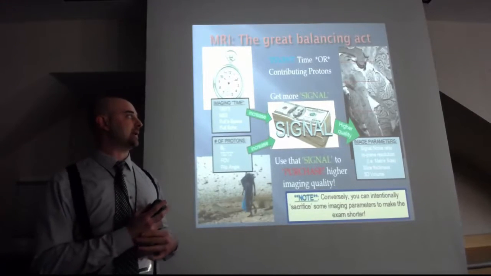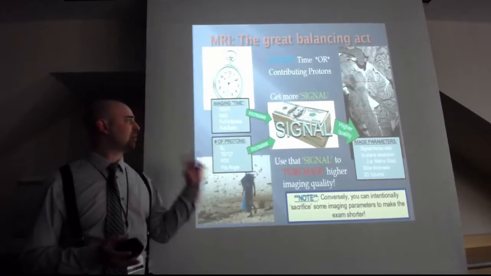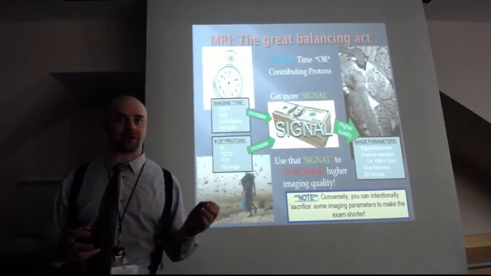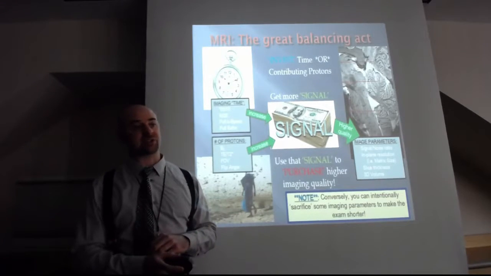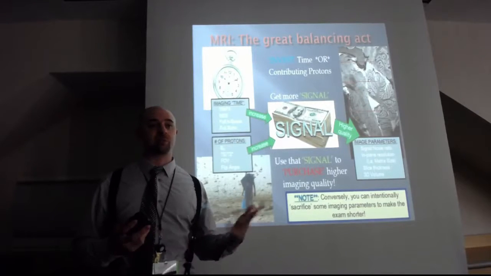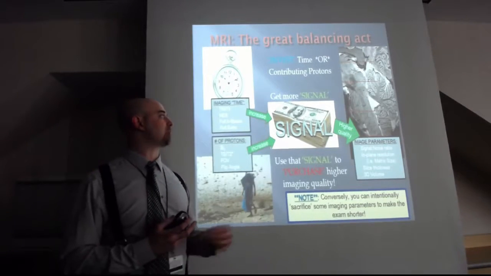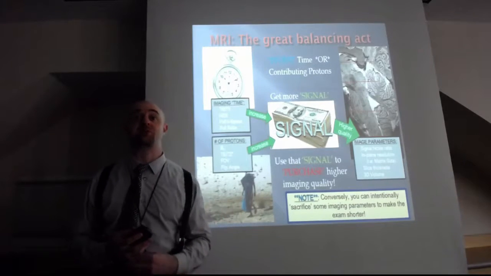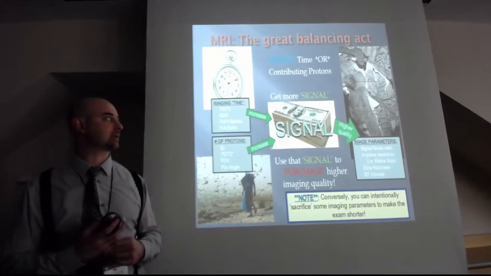It may be that you have adequate image quality, but you're doing a breath hold sequence, so you want to gain back time. Or you can make the conscious effort to say, I'm just trying to image lymph nodes or something, looking for metastatic disease, which are relatively large in comparison, so we're going to sacrifice some spatial resolution so that it's faster, so that the patient can hold their breath and you get a clear image.